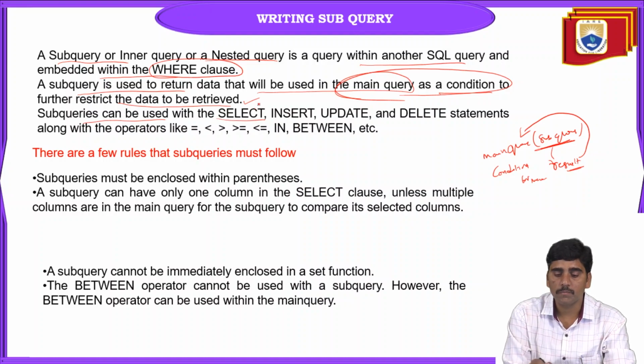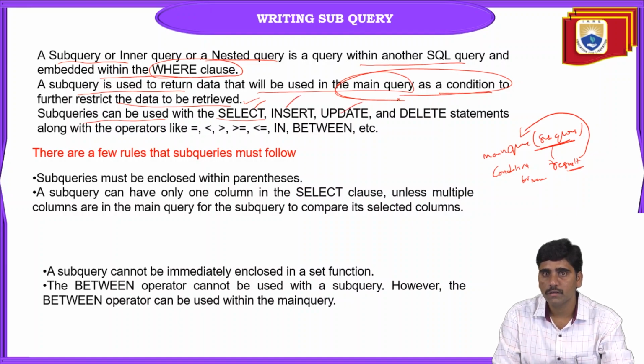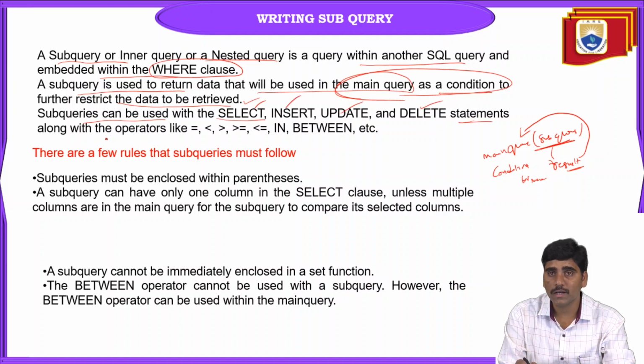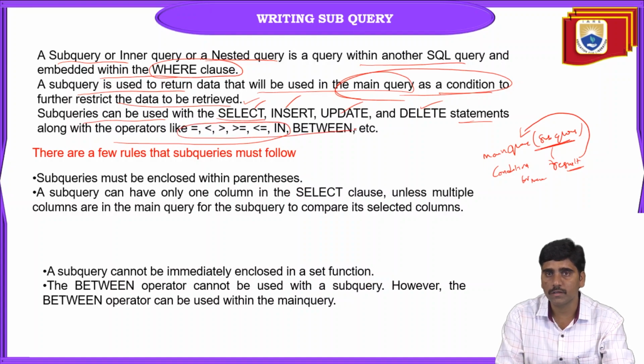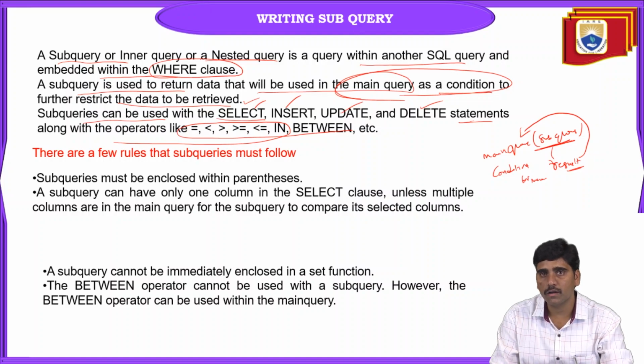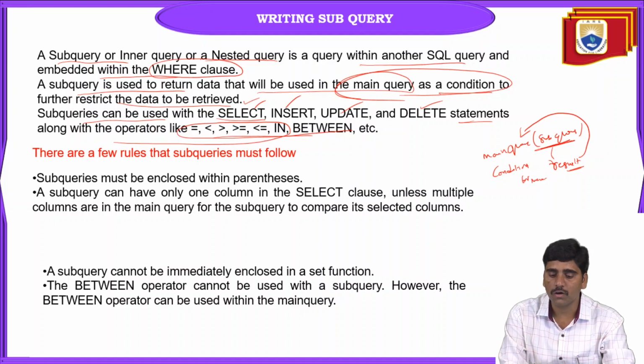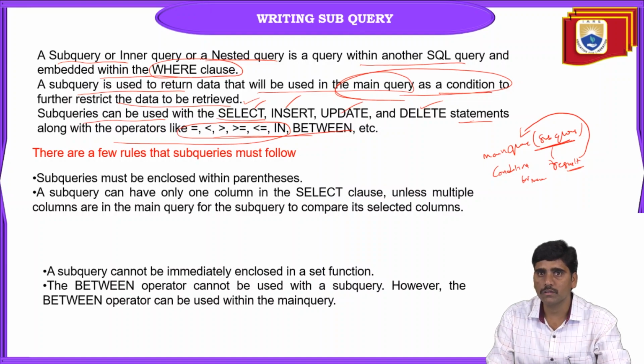Subqueries can be used with the select statement, insert statement, update statement, and delete statement, along with all types of operators. To write main queries and subqueries, we can use all these DML statements: select, insert, update, delete, as well as all the operators.